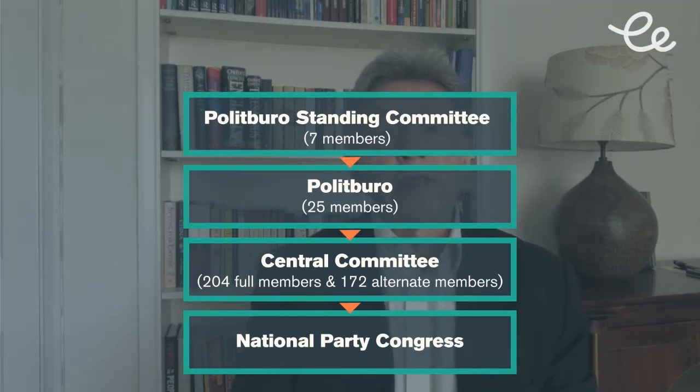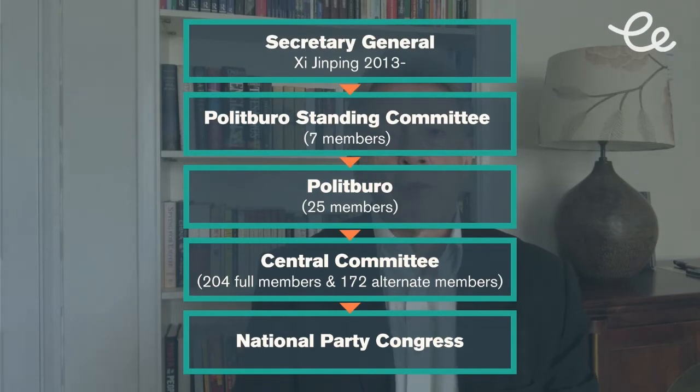At the very apex is the Secretary General of the Chinese Communist Party, the post occupied since 2013 by Xi Jinping. Following the Cultural Revolution, a system of collective leadership was established in order to prevent a return to the excesses that had occurred under Mao Zedong.